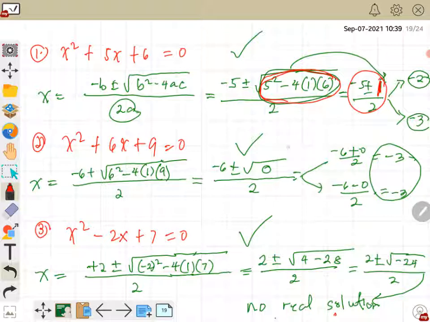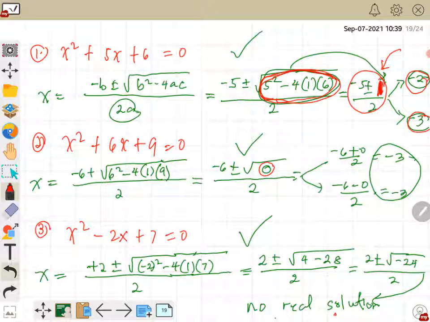When the value there is greater than 0, any value greater than 0, you'll get a certain value in this portion. Meaning, in turn, you will have two values there.